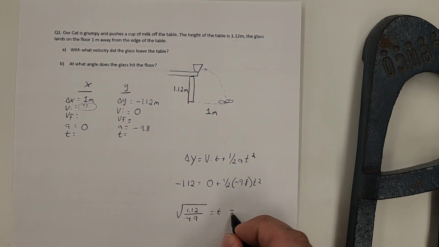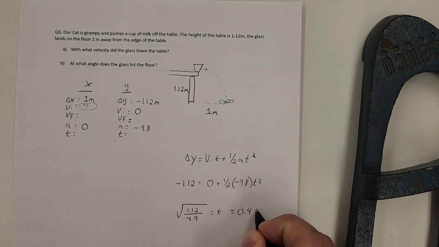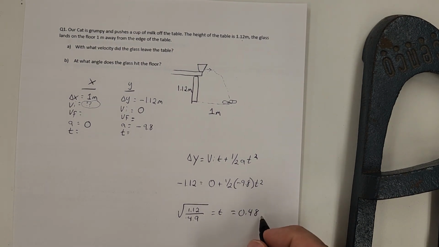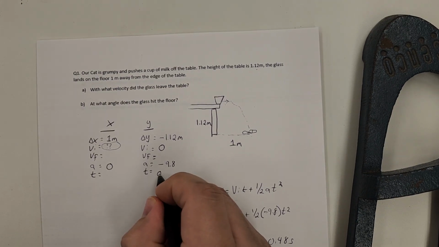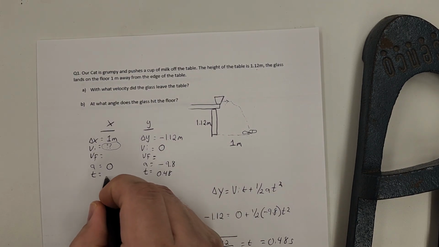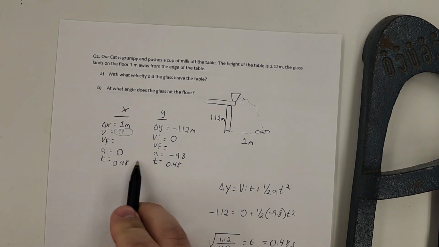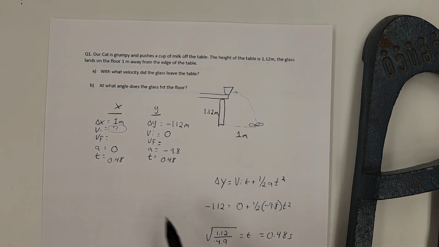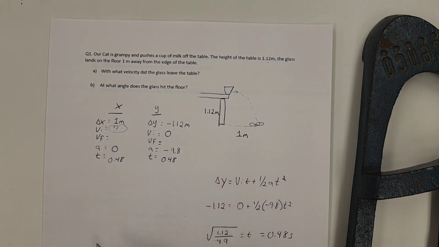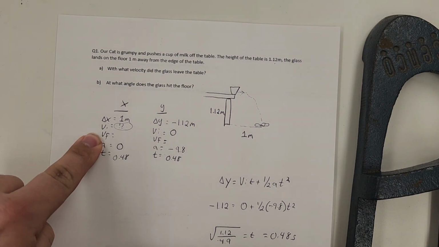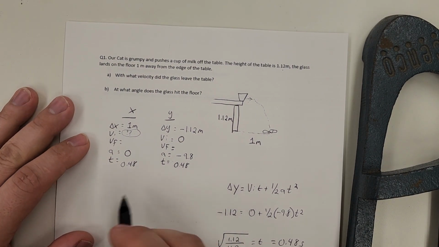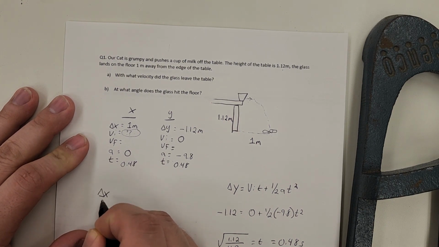We get about a half a second, 0.48 seconds. Okay, so if I add that up in here, I'll add it to both since I know that was both on the x and in the y. And then from here I'm looking for VI. So again, the thing I don't care about is VF. So we'll be using the same equation over here, but for x.